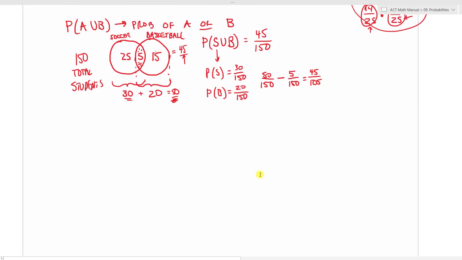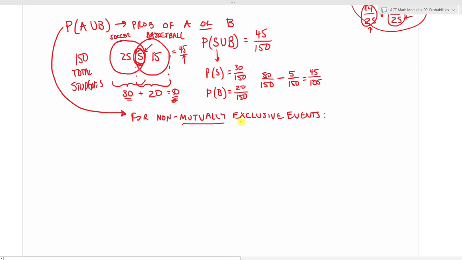So what we are going to do is write this formula here. When we want to find the probability of A or B, where A and B can happen together, notice that's the key on these questions. This is known as non-mutually exclusive events.